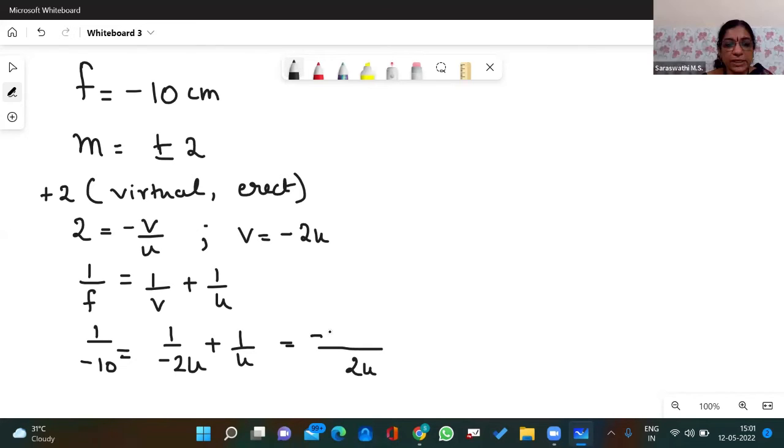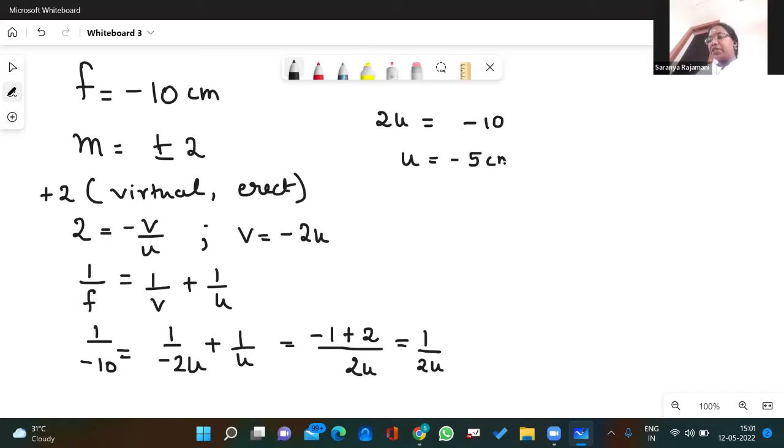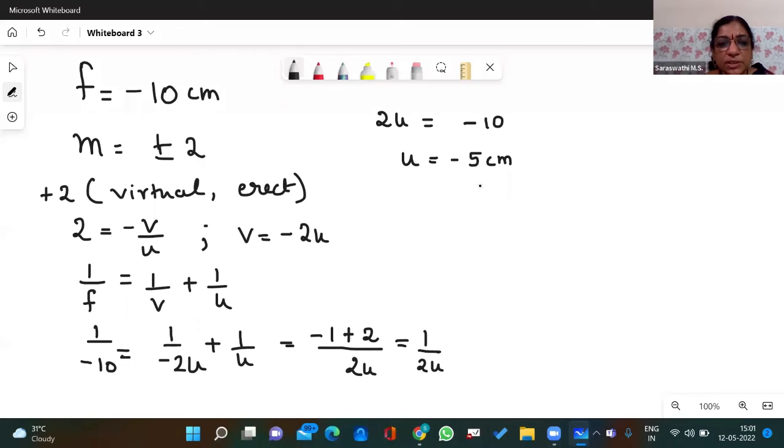So it will be minus 1 plus 2, which is 1 by 2U, so 2U will be equal to minus 10, or U will be equal to minus 5 centimeter. See, focal length is 10, so U is placed within the focal length. So you get a magnified virtual erect image.